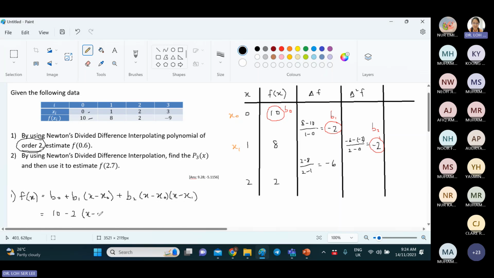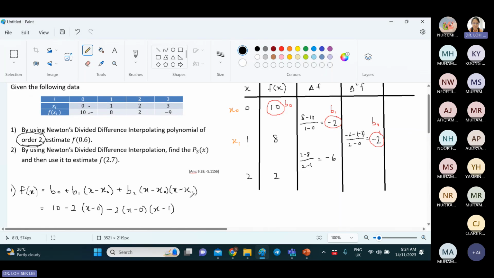Substitute them into the formula: x minus 0, minus 2, x minus 0, and x minus 1. If you simplify, you get -2x, and x minus 1. You get this polynomial. And finally, substitute x by 0.6.